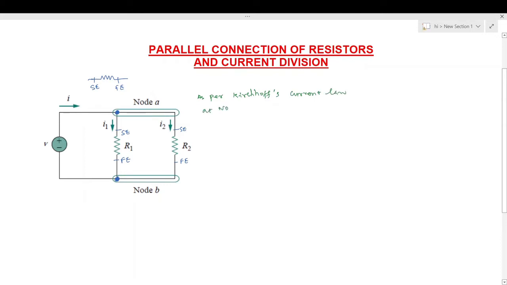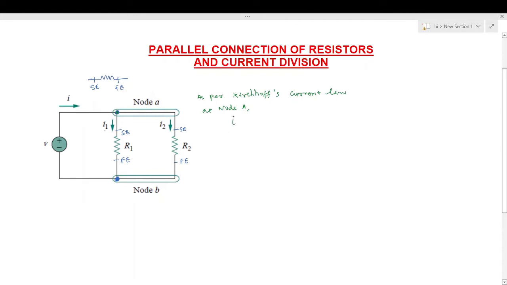At node A, the incoming current is I, so the current is flowing towards the node, that is incoming current, so we'll take it as positive.